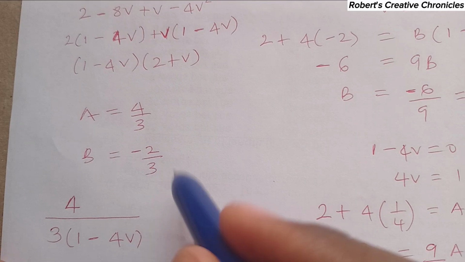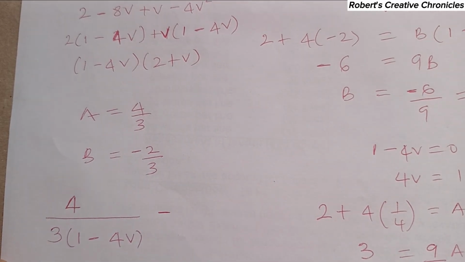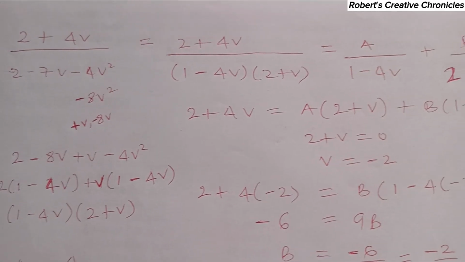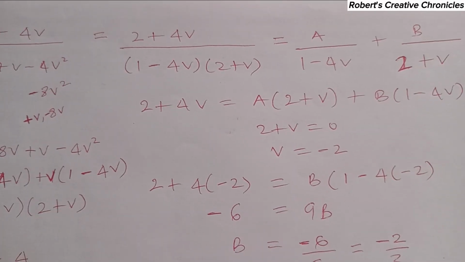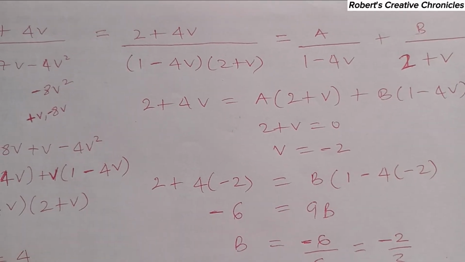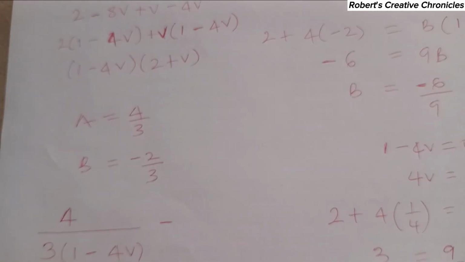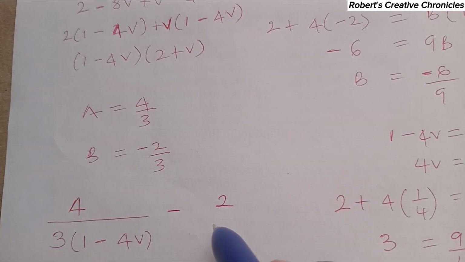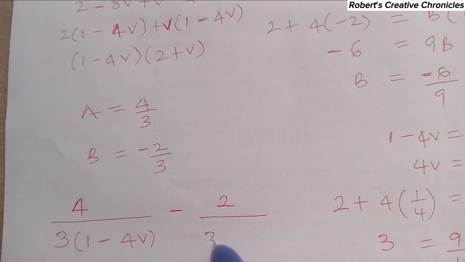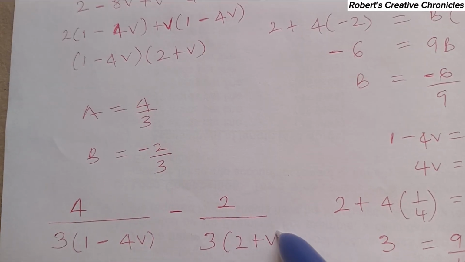Then there's minus here, so it will be minus 2 over 3, 2 plus v.